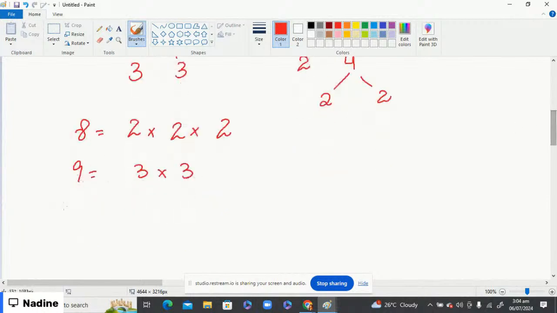So what is the least common multiple? 2 times 2 times 2 times 3 times 3. Multiply all of it. 2 times 2 is 4, 4 times 2 is 8, 8 times 3 is 24, 24 times 3 is 72. When we multiply all the numbers with each other, we get the answer 72.